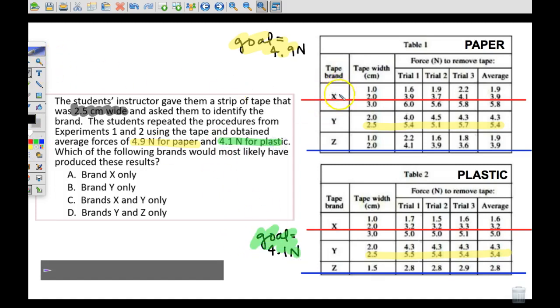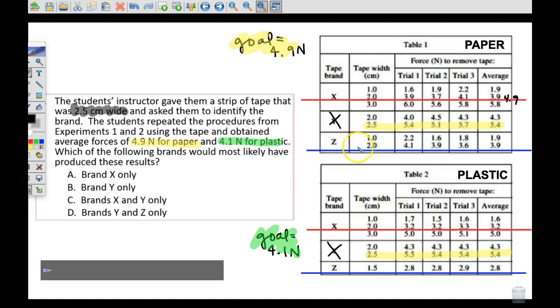So over in table 1, if I put a line where 2.5 centimeters of tape would be, the line is in between 3.9 and 5.8. So 4.9 is an option. For tape brand Y, 2.5 centimeters has an actual result of 5.4, so tape brand Y is not going to be one of our options here.